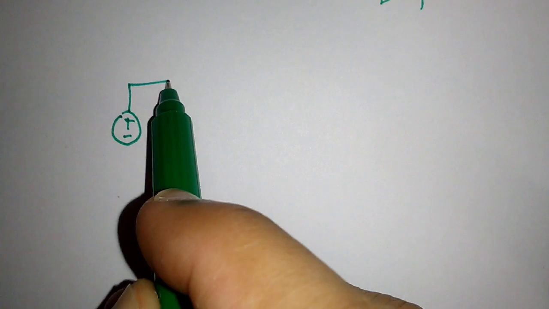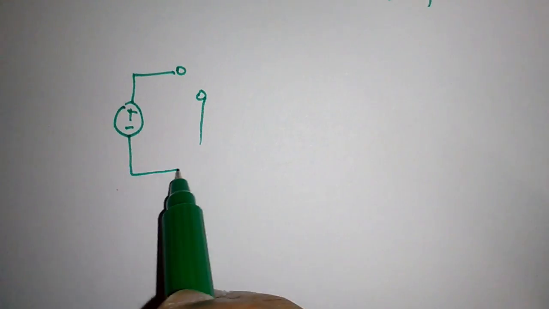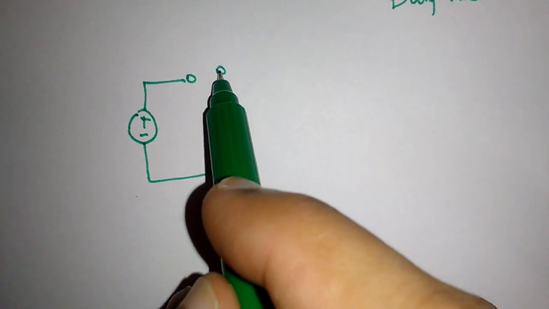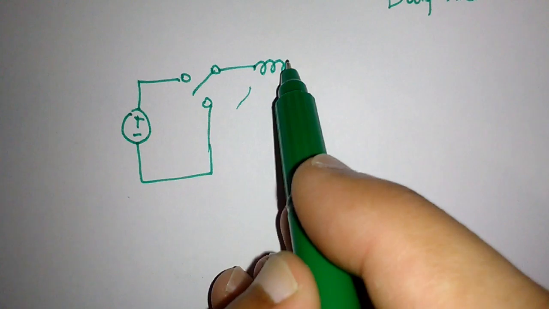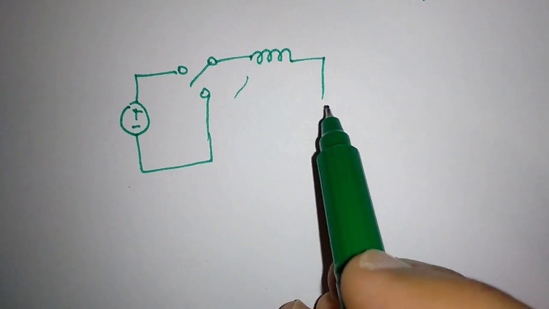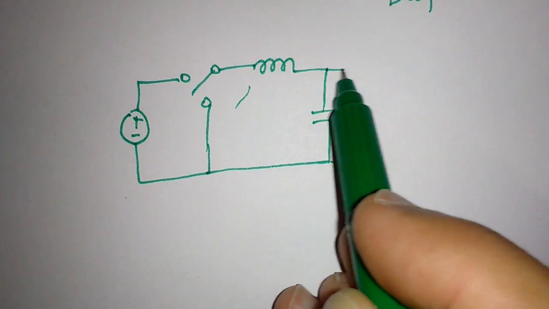We have a voltage source, we have a switch, and then we have a low pass filter. We have inductor and capacitor, and then we have our load, right?